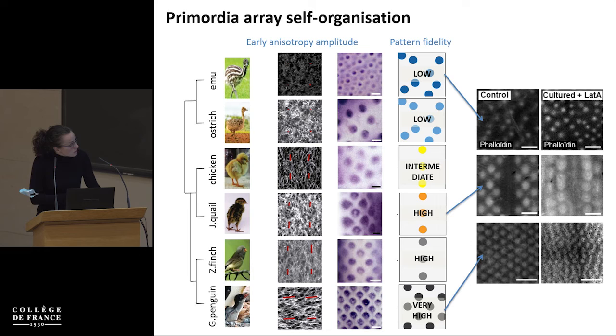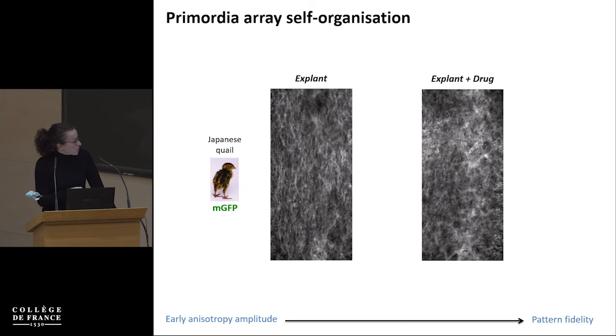And we can do that either in normal conditions or in the presence of a drug that will impair the acquisition of anisotropy. And when we did this, we actually observed and quantified a loss of pattern fidelity. So together, these experiments showed that early anisotropy amplitude is required for a high fidelity pattern.